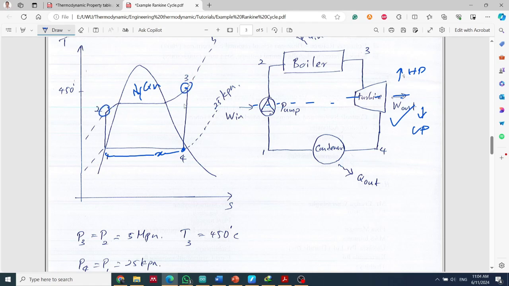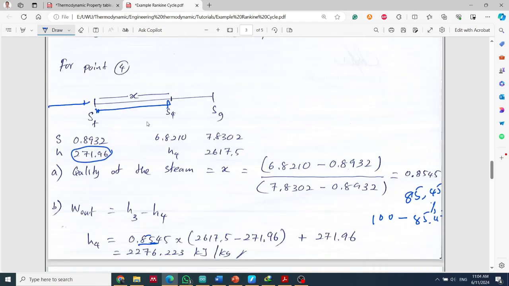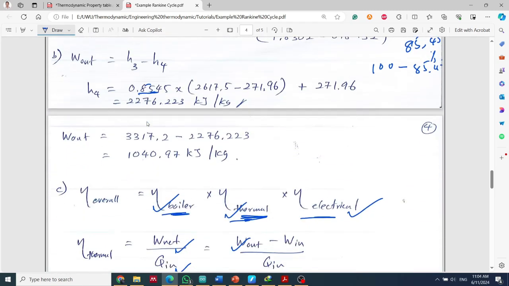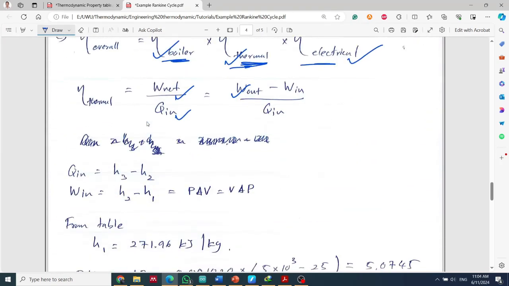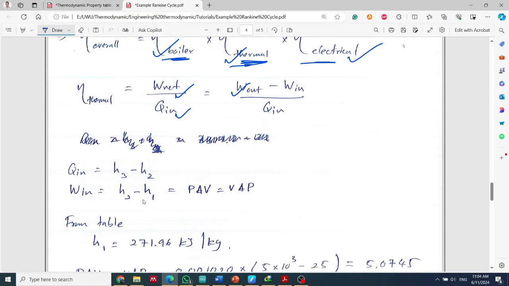We already know the points H3 and H4, but we don't know H1 and H2. Like the previous case, we can figure those out using this equation. Q in equals H3 minus H2, and W in is equal to H2 minus H1, and also it is equal to V delta P, because this is isentropic compression, right?